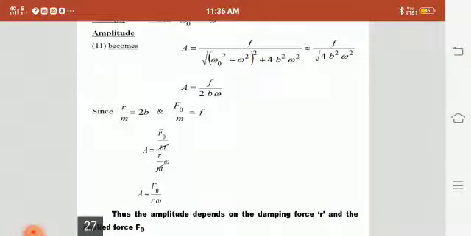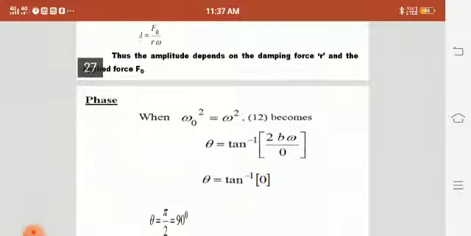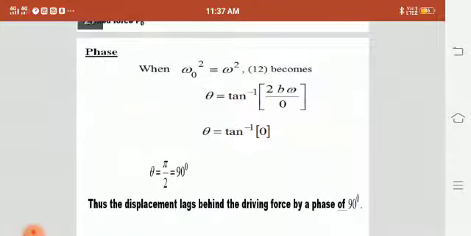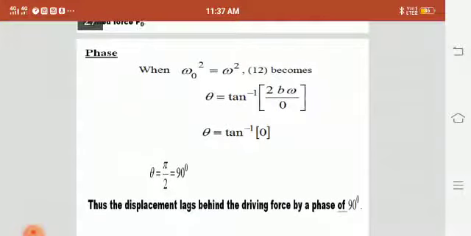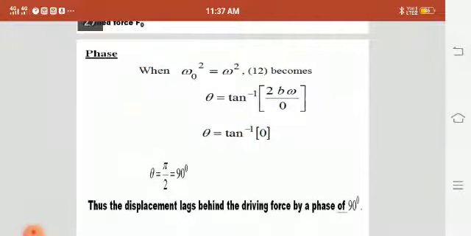Here the amplitude depends on the damping force r and the applied force F₀. What about phase? The phase becomes θ = 90 degrees when ω₀² is equal to ω². So the displacement lags behind the driving force by a phase of 90 degrees.